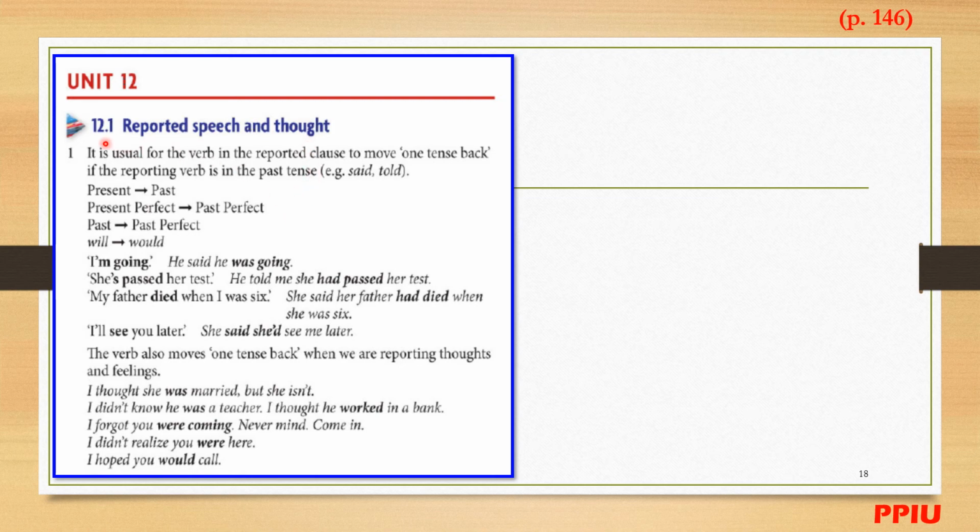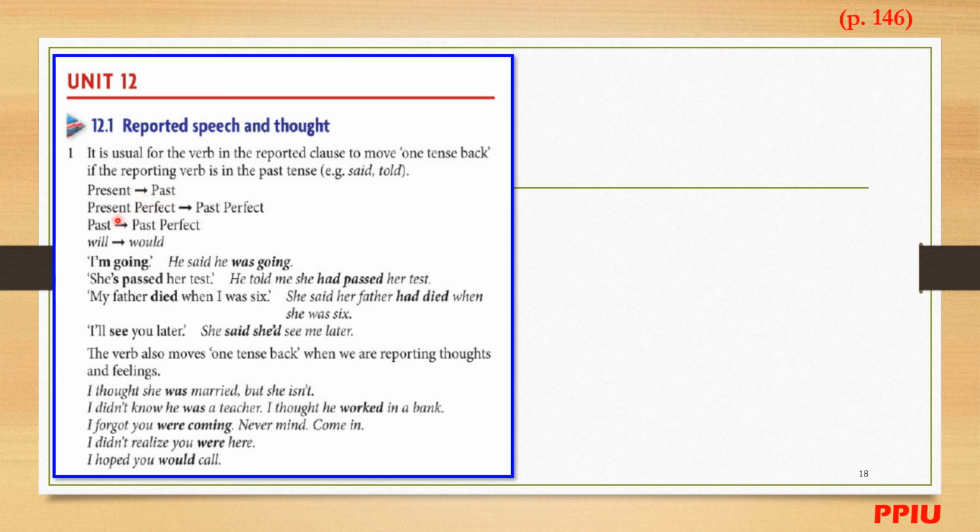So in this part, it is used for the verbs in the reported clause to move one tense back. If the reporting verb is in the past tense, for example said or told, we need to move back. For example, a present tense becomes past tense, or past simple.